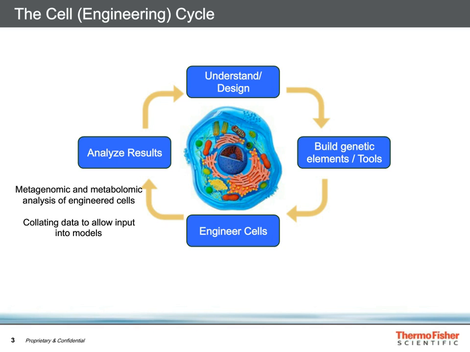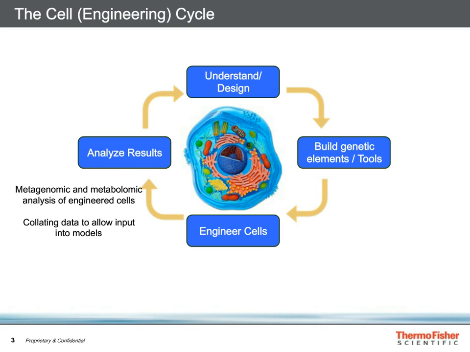The hard part, specifically for biologists like myself, is to take all this data, collate it into a model that is easily understandable, something that we can create a hypothesis with.